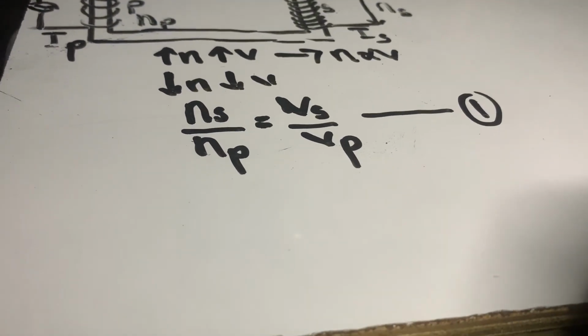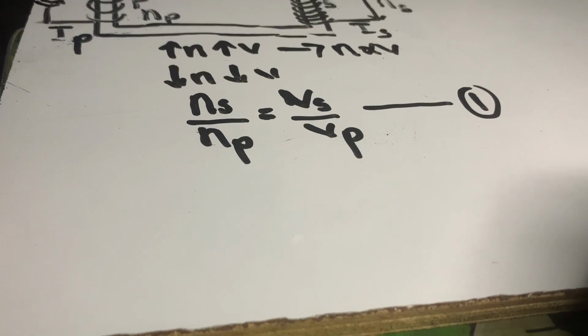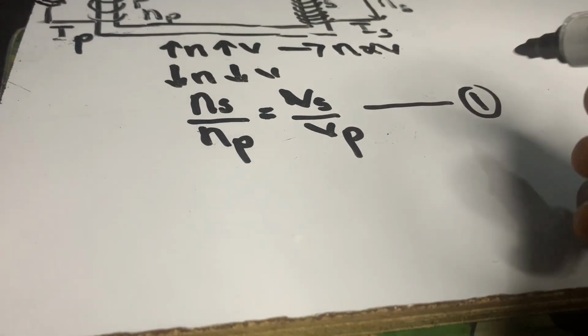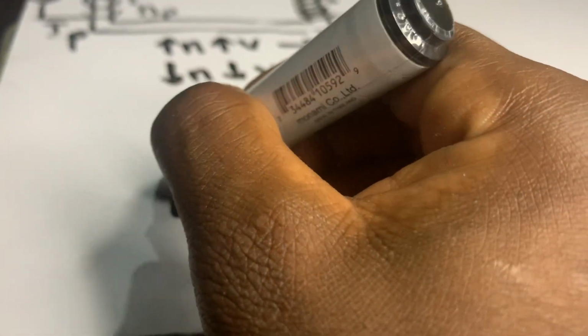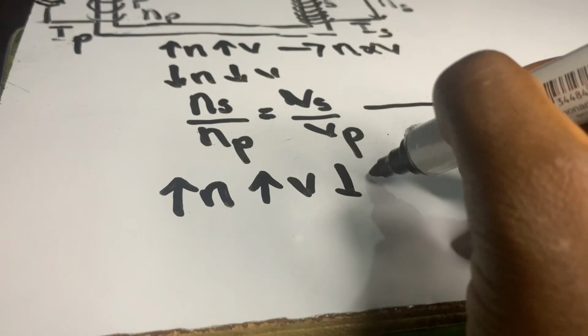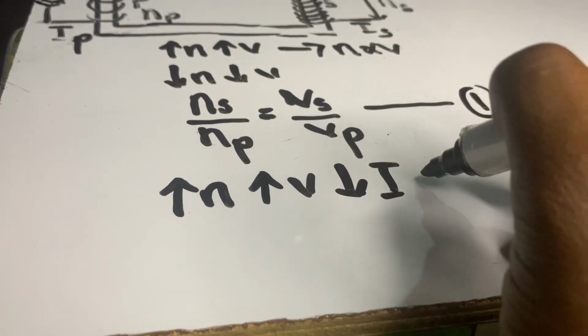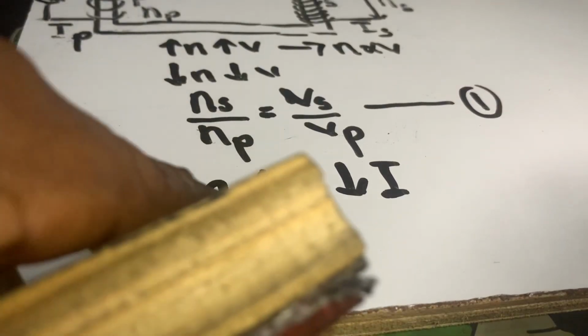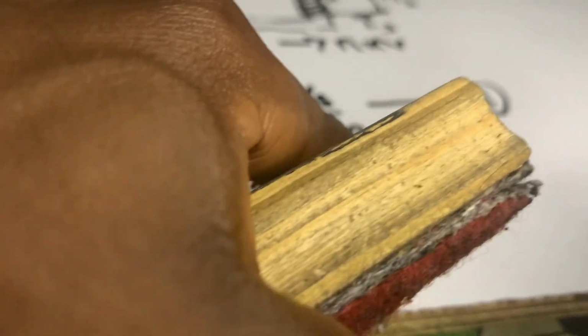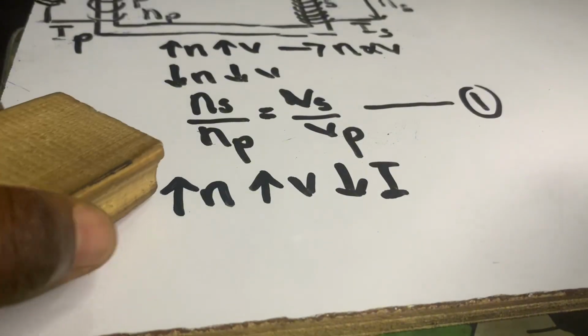The second equation we can write is this: anytime we increase the number of turns, we increase the voltage, but we end up decreasing the current. Increasing the number of turns will increase voltage, but it will in turn decrease the current.